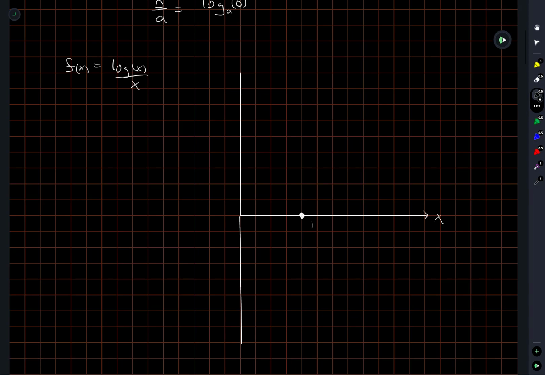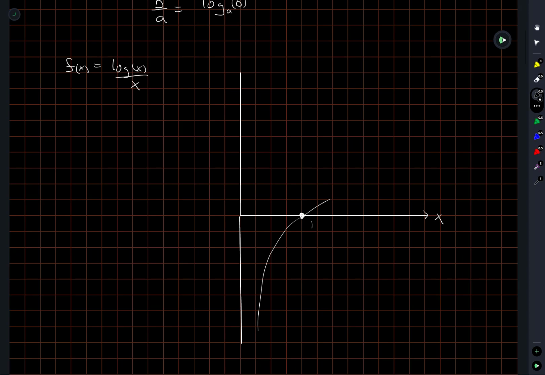As x goes to 0, this must be going down to negative infinity. It's positive to the right of 1, and if I take a limit as x goes to infinity, then this approaches 0.